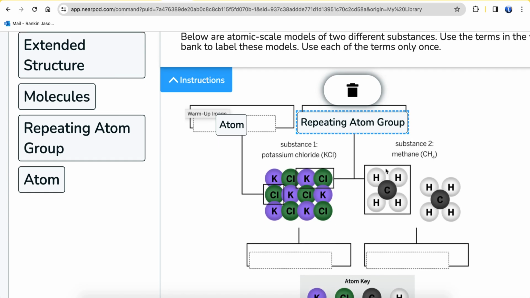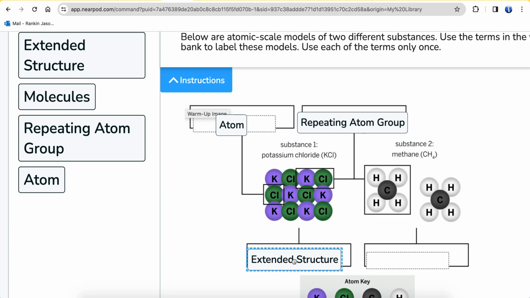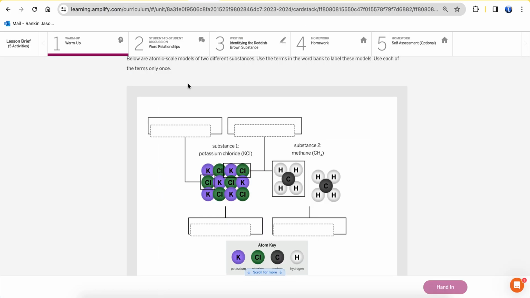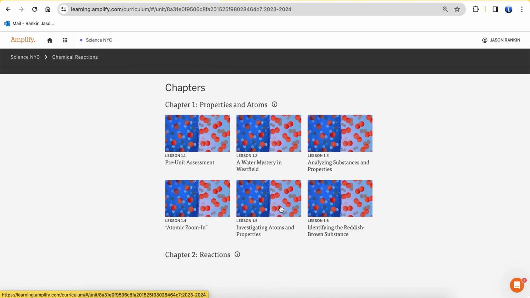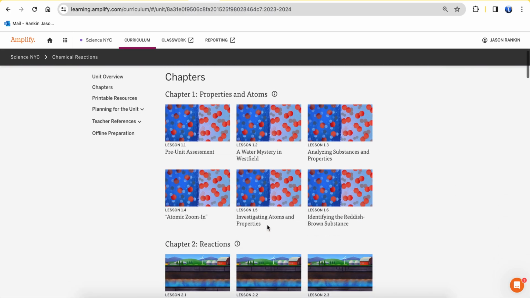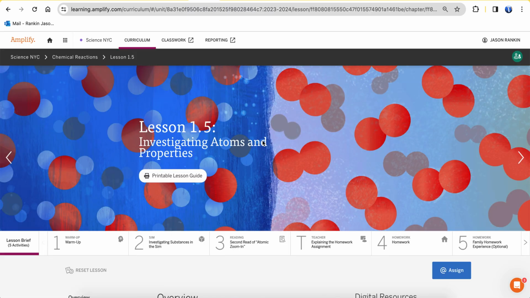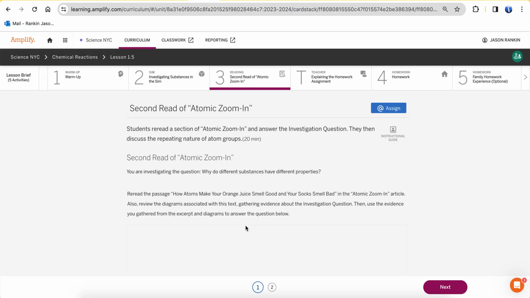All right, next one we have is extended structure. That's a nice easy one. Your extended structure should be that section right here. Now if I go back to extended structure, let's just revisit the article, atomic zoom in.